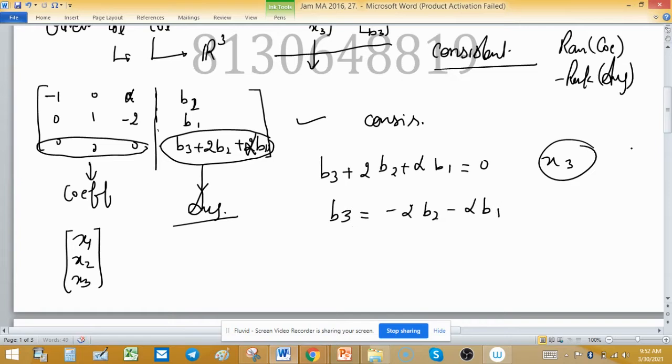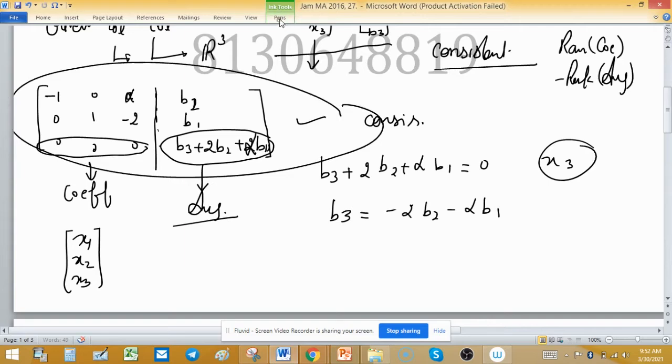This is b3, and from this system, this implies that minus x1 plus alpha x3 equal to b2, and second is x2 minus 2 x3 equal to b1.